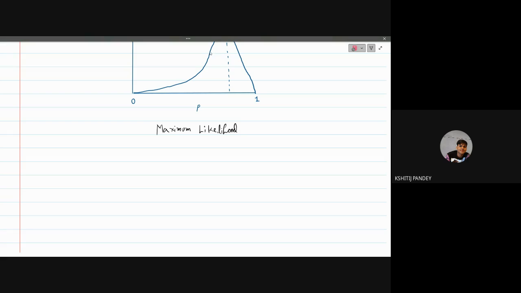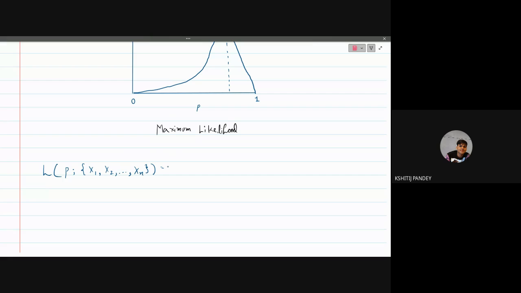First of all, we have to understand what the likelihood function is. So the likelihood function takes in your candidate parameter p, and it also takes the observation, so it will take your set of observations.